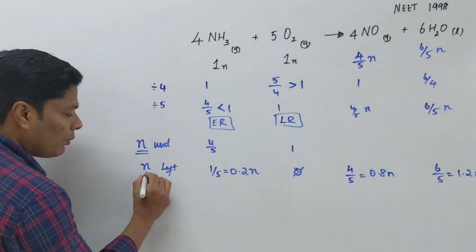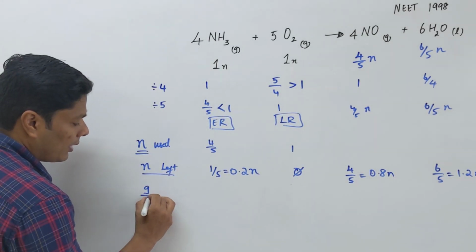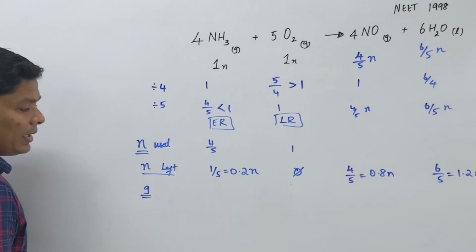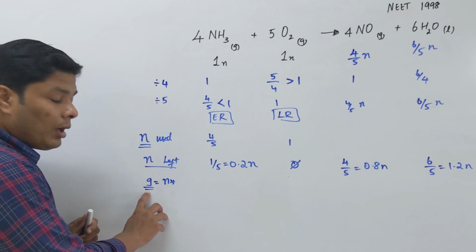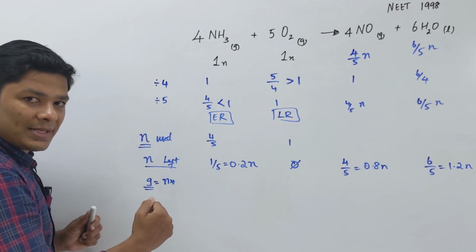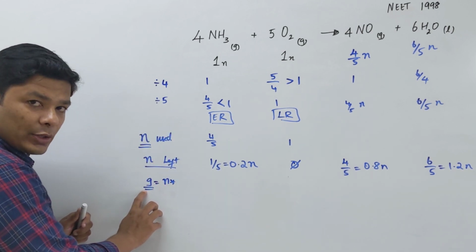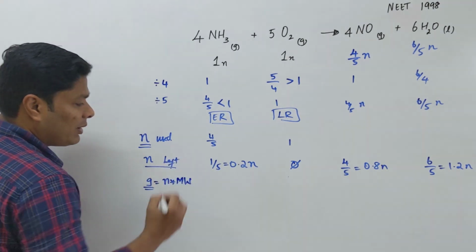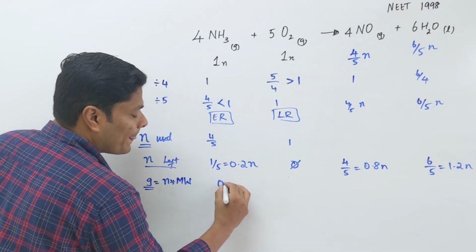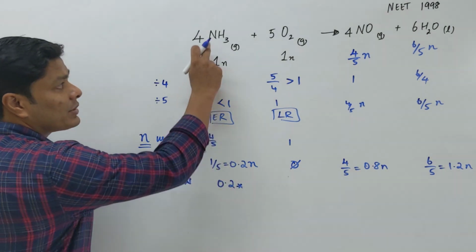Now I can do moles left, grams, okay, left. How many grams will be left? We know from the previous lecture moles equals mass over molar mass. So now I have my mass required, that equals moles times molar mass, which is MW. So now I am going to have here 0.2 times ammonia.